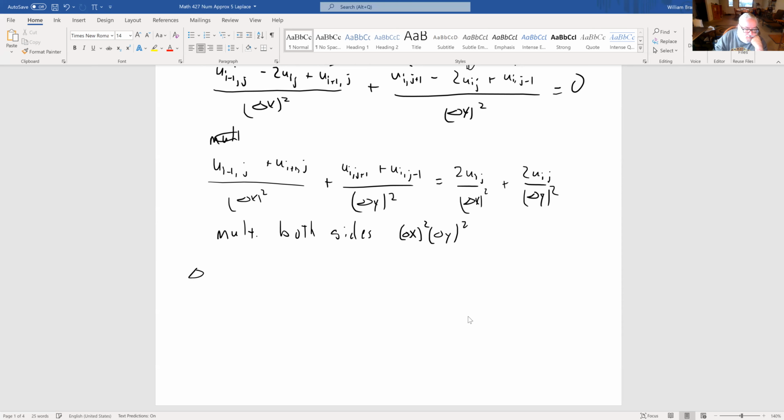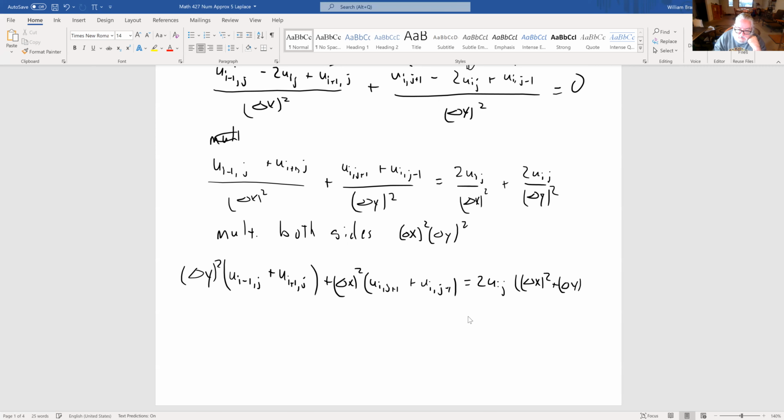And that gives me delta y squared times the quantity ui minus 1, comma j, plus ui plus 1, comma j, plus delta x squared times ui, j plus 1 plus ui, j minus 1 equals 2 uij, and then I'll have a delta x squared plus delta y squared.